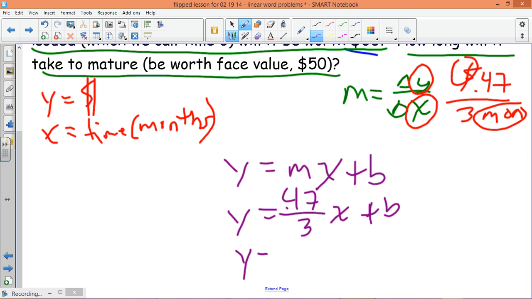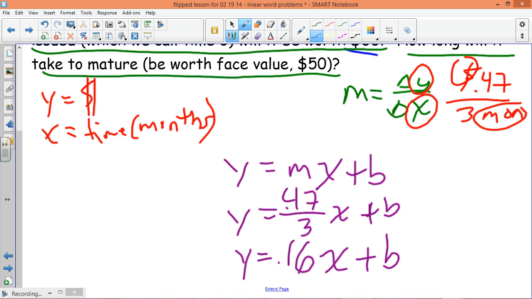Y is approximately equal to 0.16. It was really 0.1566666666. I'm going to round it up to 0.16x plus b.